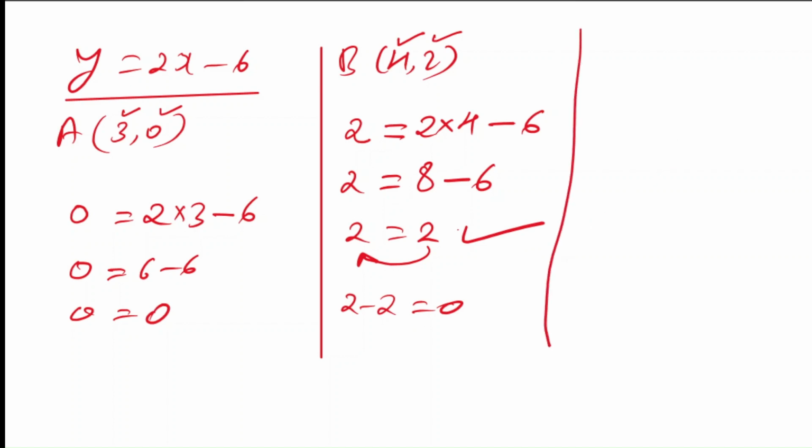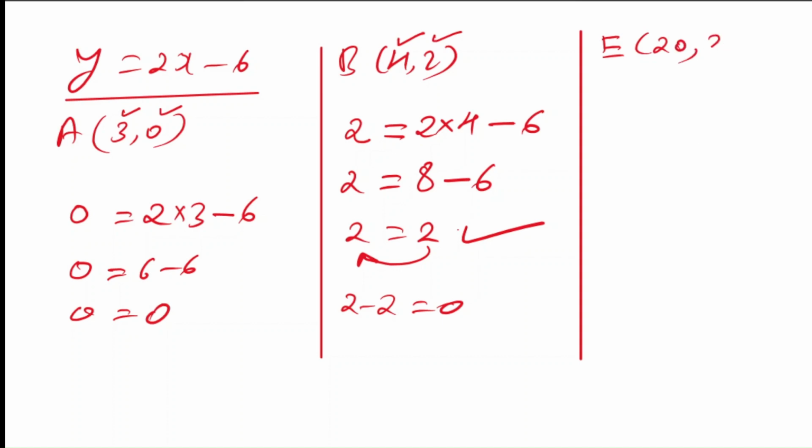You can take one more example. Here we can take a bigger one, point E, which has coordinates (20, 34). Now here your y coordinate is 34, so you are taking 34.